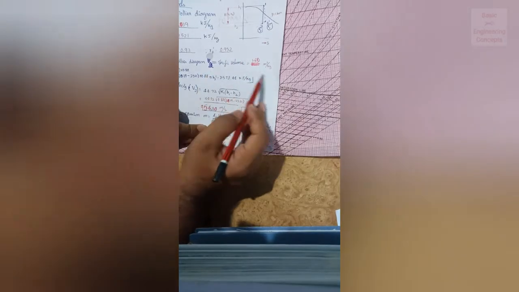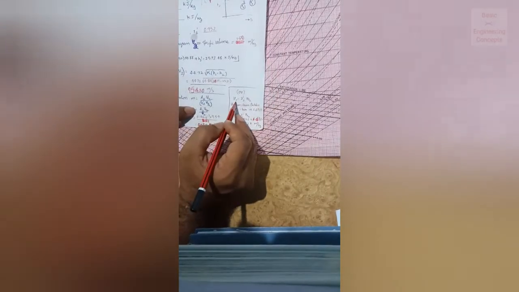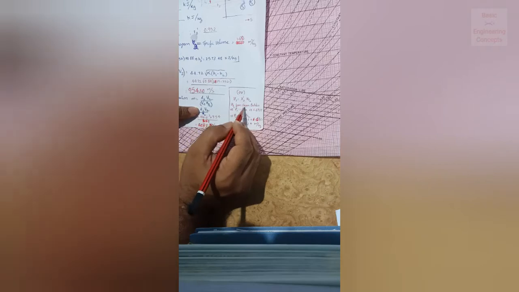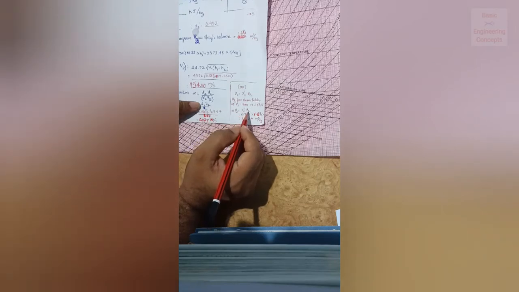If you are finding difficulty finding this value V2, you can find V2, which is equal to x2 dash Vg2. Vg2 you can find from the steam tables. When P2 is 1 bar, Vg2 is 1.6937 meter cube per kg. So V2 is equal to x2 dash into Vg2, 0.952, which is equal to x2 dash.